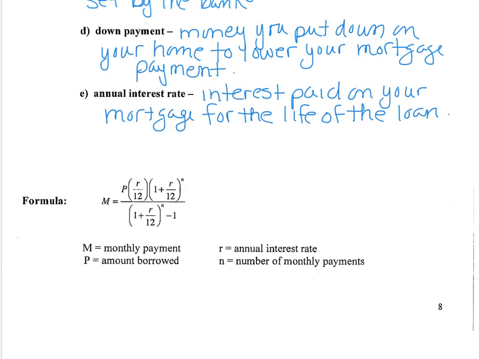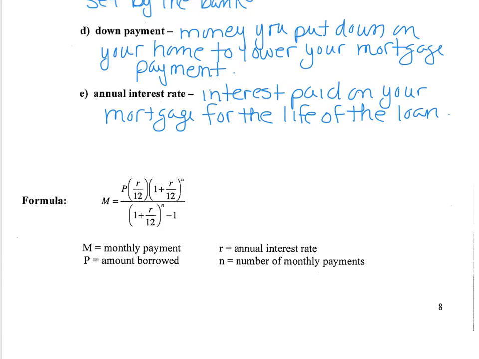Basically, the interest is how the banks make money. So they loan you money out. You just don't pay what they loan you. You also pay what's called an interest, which gets added to that. And that interest is what they keep on top of what you owe them. So that's how they actually make their money.